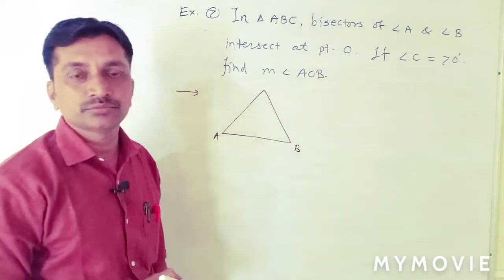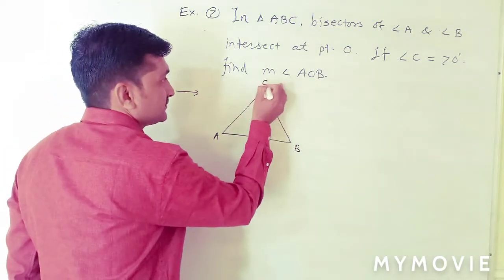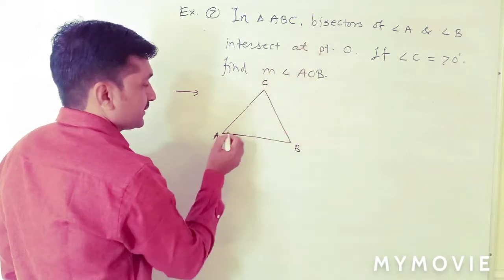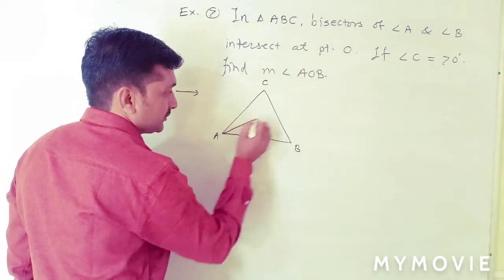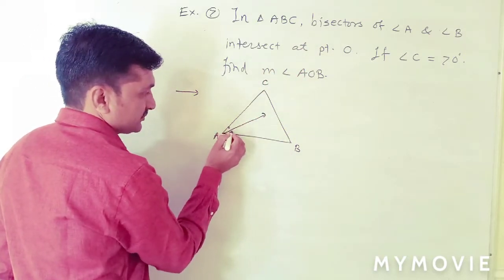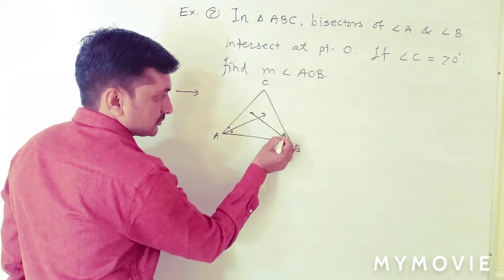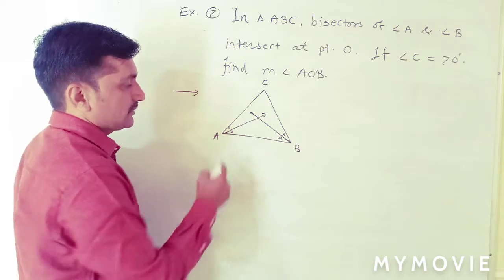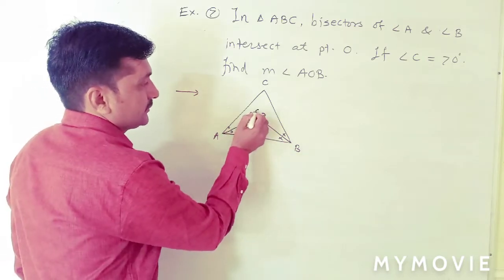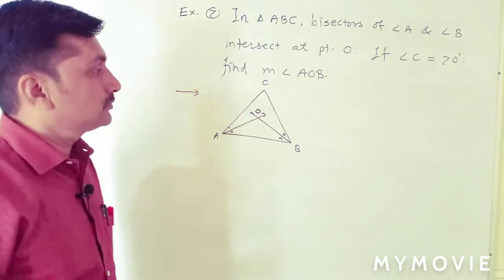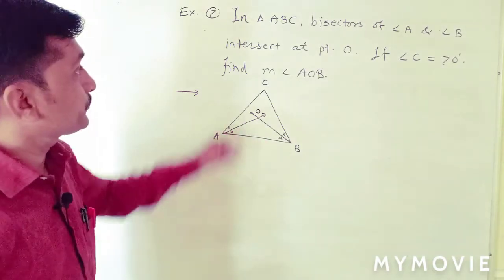AB I take here down. Bisectors of A and B. Here the bisector of A will go like this. Bisector means congruent angles here, and of B here, they are also congruent. These are bisectors and the intersection point is O. Okay, the rough figure is like this.